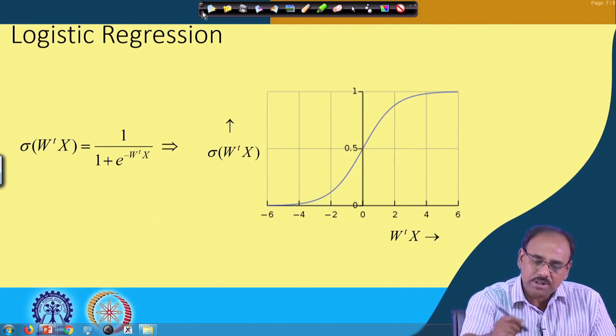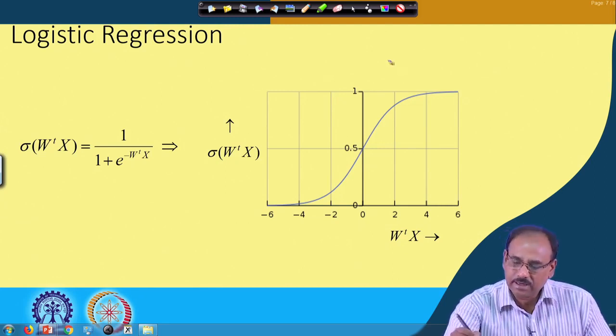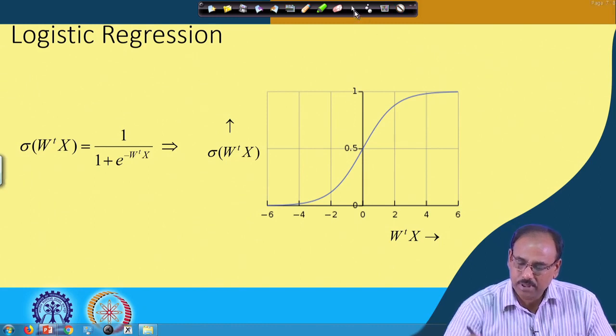So, that is what logistic regression is: converting my distance measure or the confidence measure to a probabilistic measure, that is, what is the probability that x belongs to class omega 1 or what is the probability that x belongs to class omega 2.